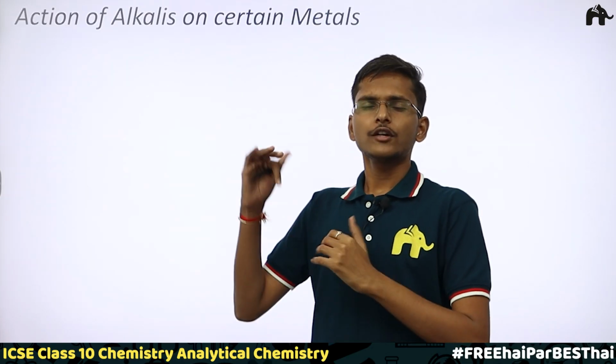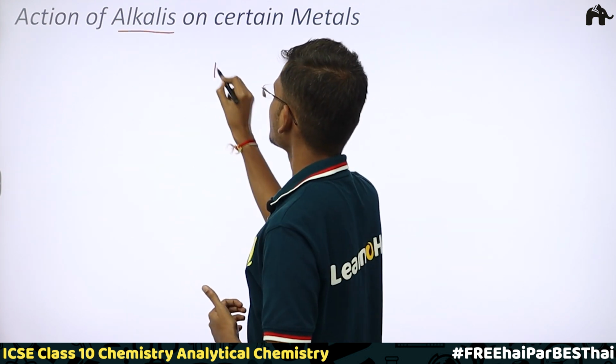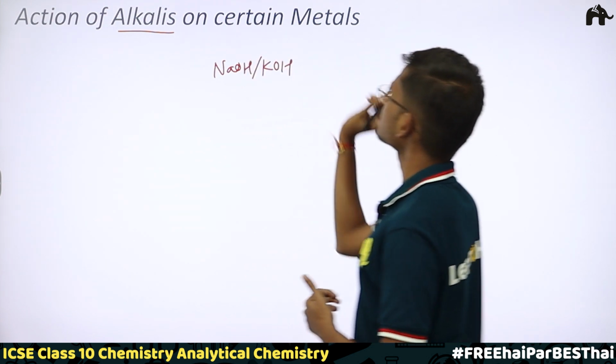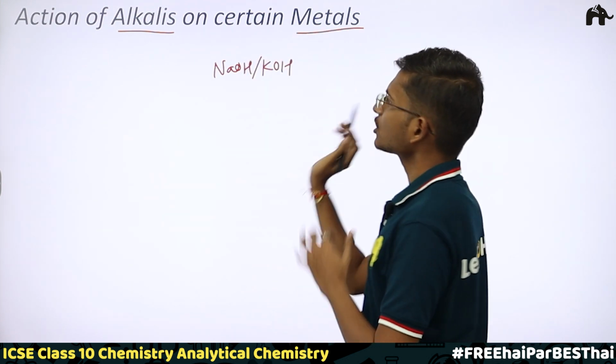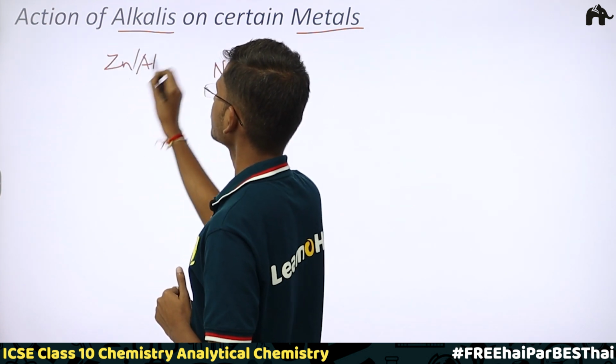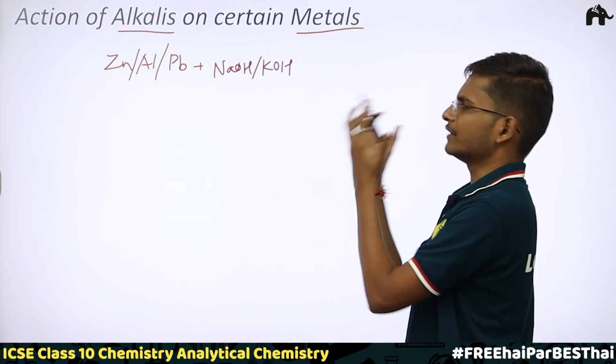Now we are going to see the first part, which is action of alkalis, NaOH and KOH on certain metals. Which metals are we talking about in this chapter? Zinc, aluminium and lead. What is their action? Very simple.